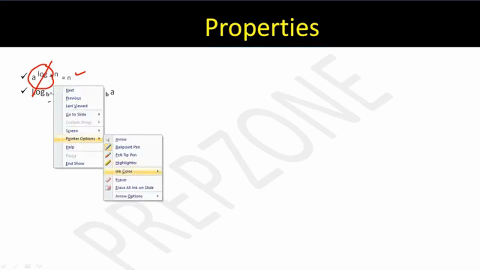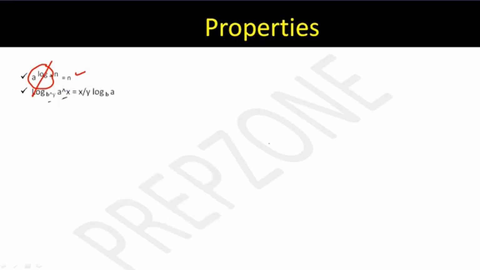That's how I remember. Next is log where the number is a to the power x and the base is b to the power y. The key to remember this is that the exponent of the number part comes directly outside. So for instance, log a cube is the same as taking this 3 outside, so this becomes 3 log a.